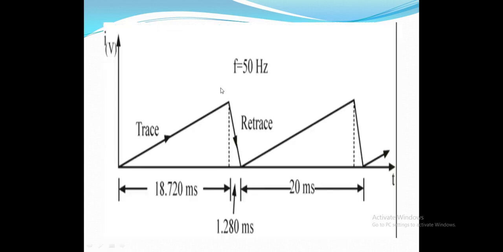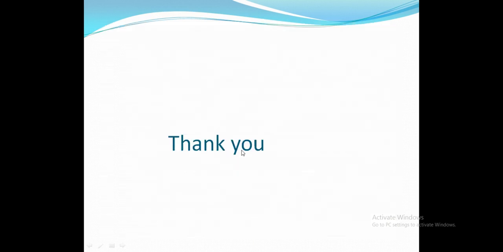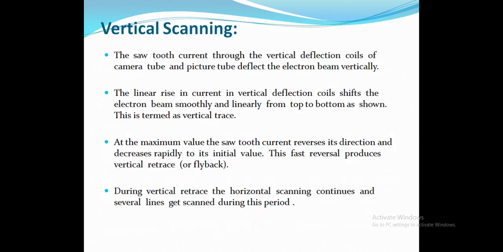See here, after reaching the maximum value, the direction of the sawtooth wave changes to its initial value. This fast reversal is called a vertical retrace, or it is also called a flyback. During this vertical retrace, the horizontal scanning continues and several lines get scanned during this period.